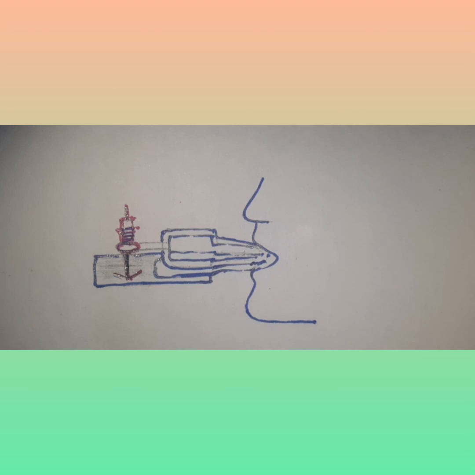Then you ask the patient to open and bring back the mandible to the centric relation position, then move the jaw towards the right, open, come back to the original position, then take the jaw towards the left, again open and bring back to the original position.